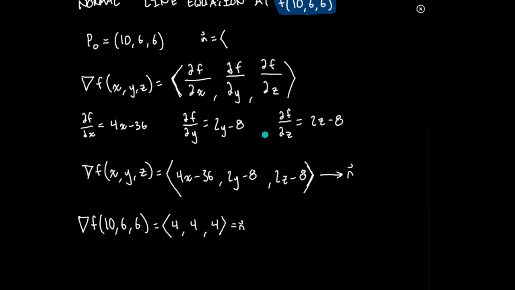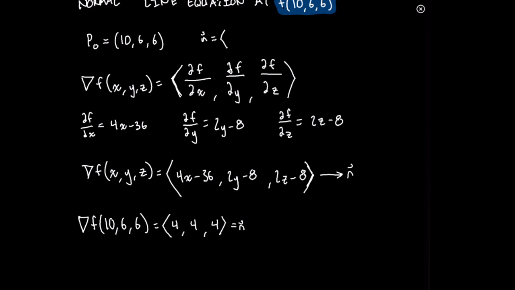We found each of those partial derivatives. Then we built our function based off of that, and then we plugged in the point at which we're evaluating for the normal vector into that, and we got out this vector.